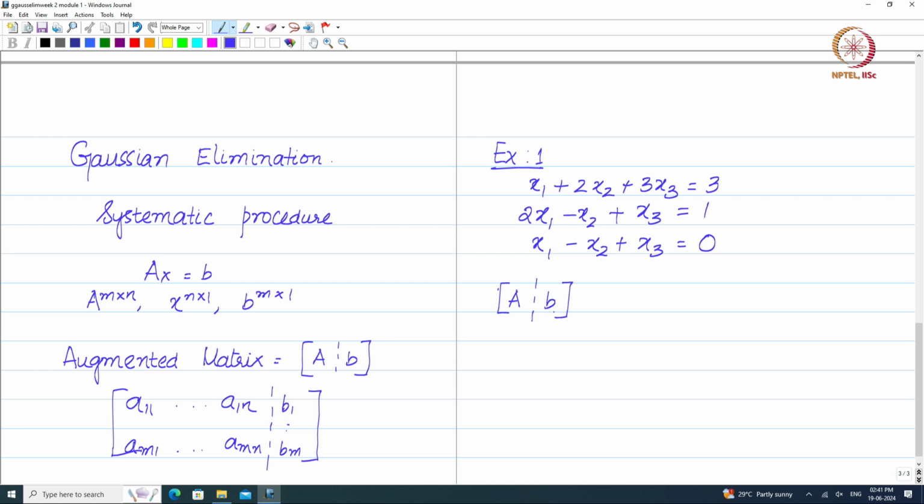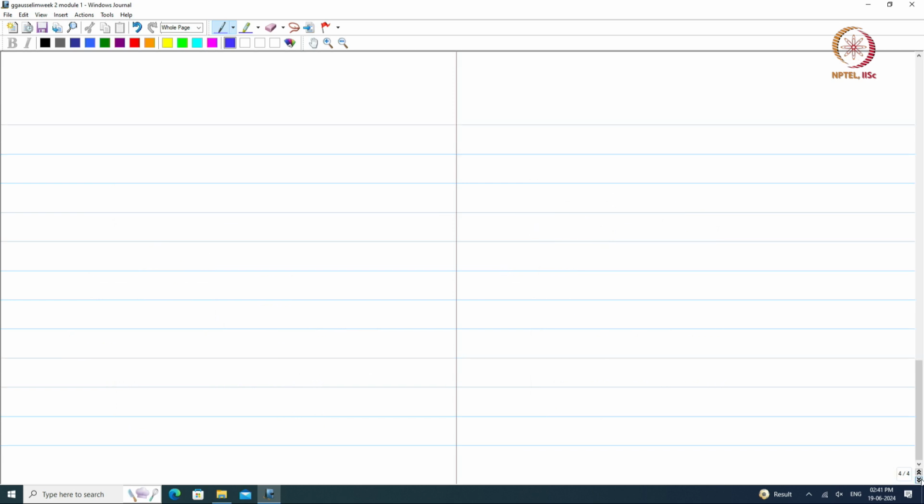The augmented matrix [A|b] is 1 2 3 3, 2 minus 1 1 1, 1 minus 1 1 0. Augmenting A with the column matrix comes with the advantage of making computations manageable.